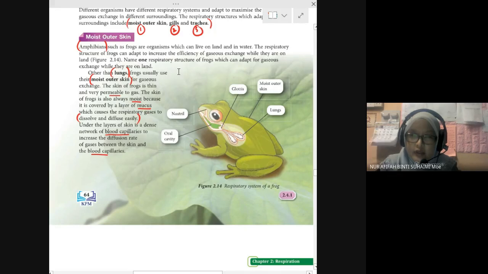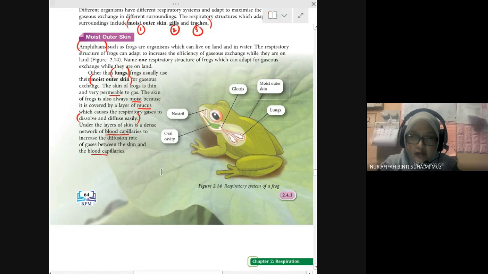They have lungs, but they also have a moist outer skin in order to respire. Lungs on land, skin in water. Sorry, it was reversed just now.